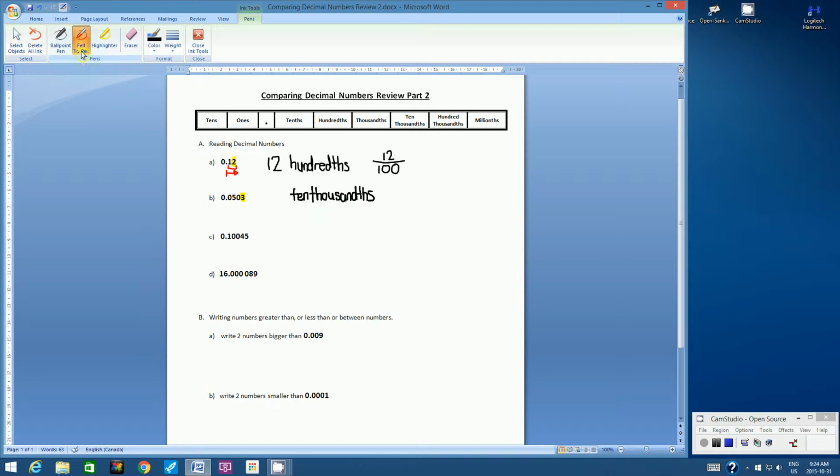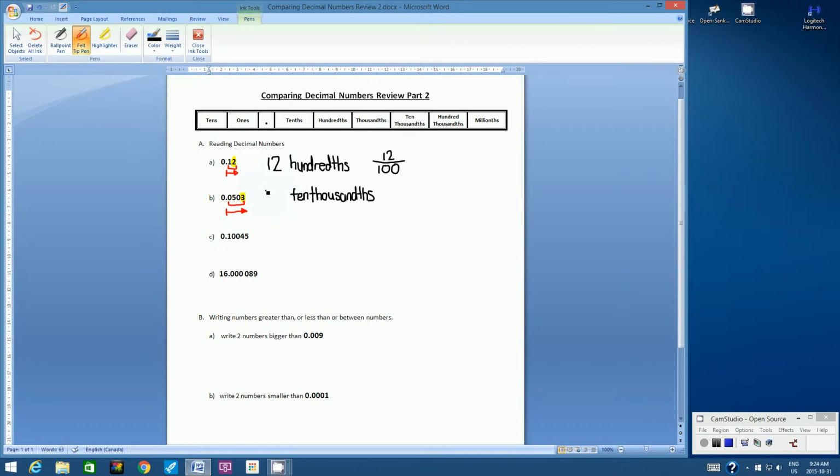Now, to figure out what goes in front of that, again, I'm going to use red, and I'm going to read the number after the decimal place. I'm going to pretend it's a whole number. So I'm going to ignore the 0 in the ones column, and I'm going to ignore the decimal point. So if we were to read this number from left to right, what would it be?